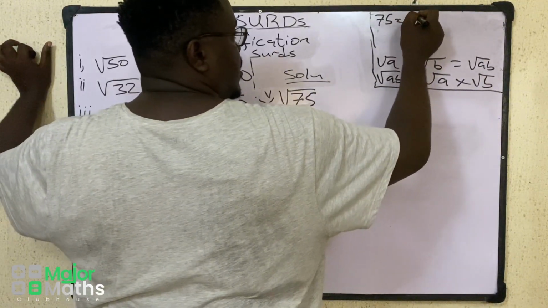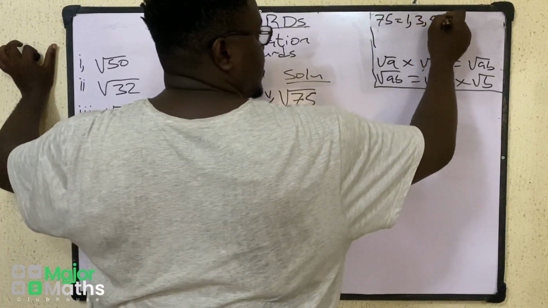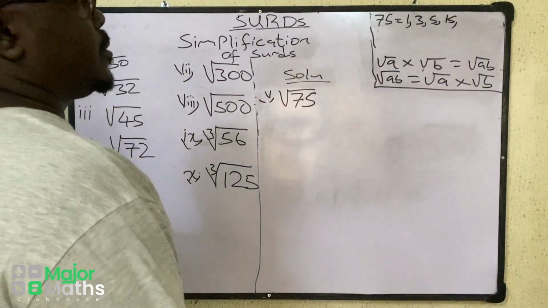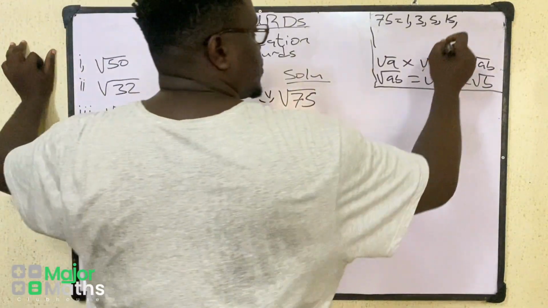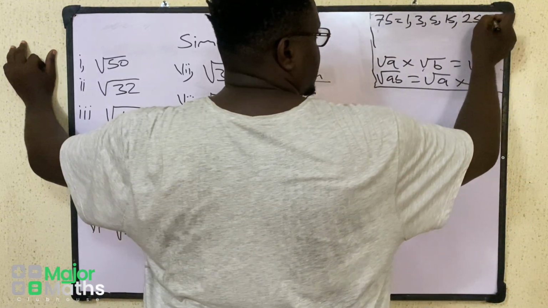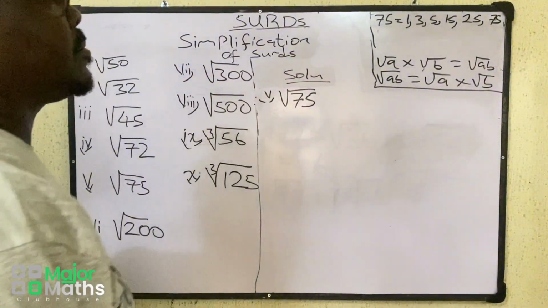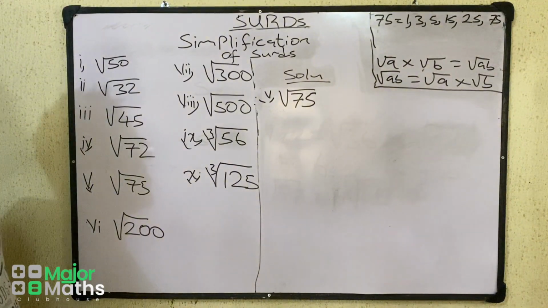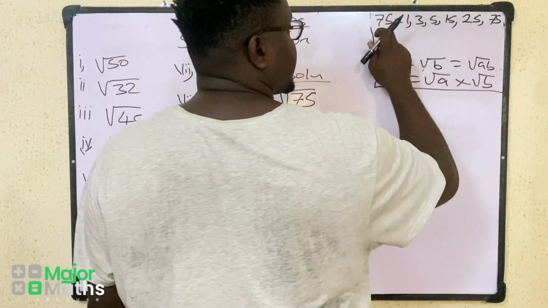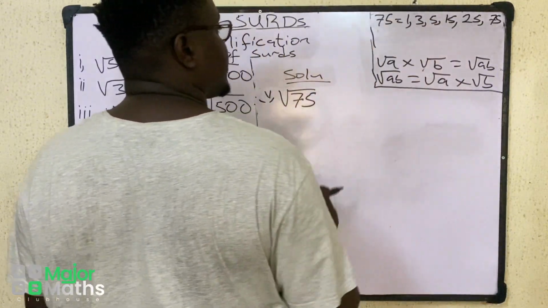This is not an even number. 3, 5, 15, 25, 75. Let's confirm that we've got the chain properly. 1 times 75 is 75, 3 times 25 is 75, 5 times 15 is 75.